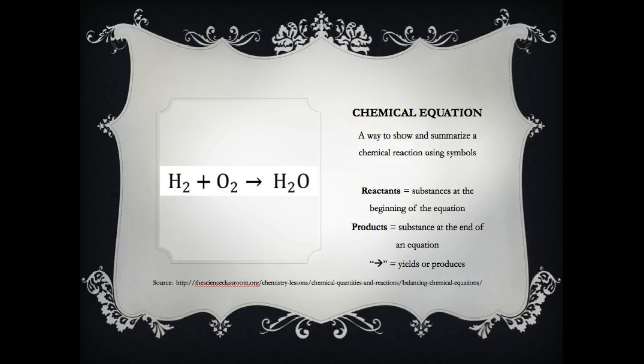You're using chemical symbols, you're using an arrow that means yields or produces, and you also have the plus sign for "and" or addition, etc. The chemical formulas that you have on the left side of the arrow would be your reactants, and the chemicals that you have on the right side of the arrow would be the products. So H2 plus O2 yields or produces H2O.